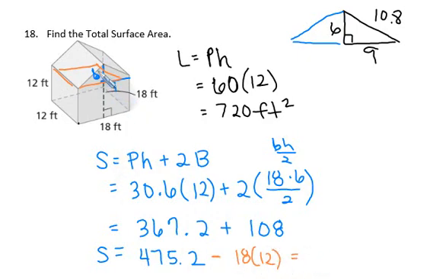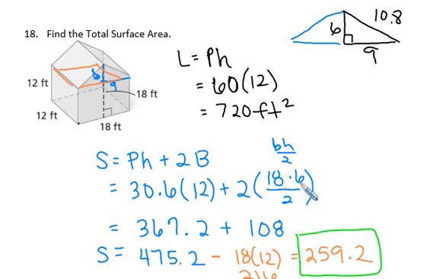So let's get our final surface area for the triangular prism. We have 475.2 minus 18 times 12, which is 216, so we will subtract that. And this is 259.2.